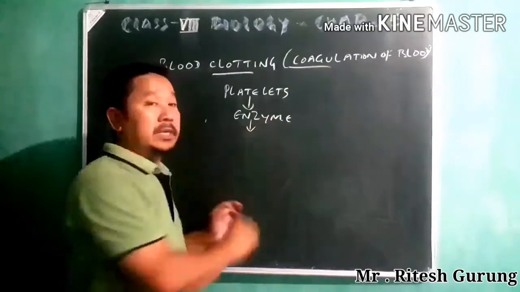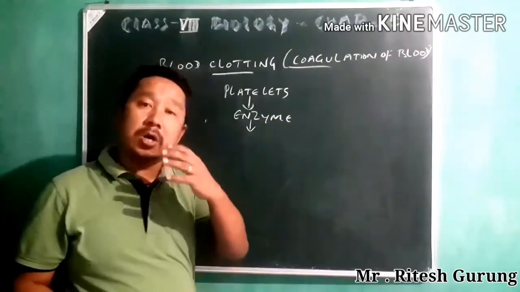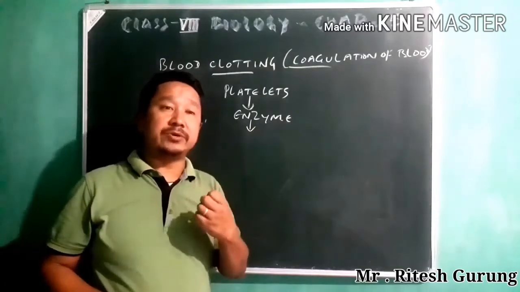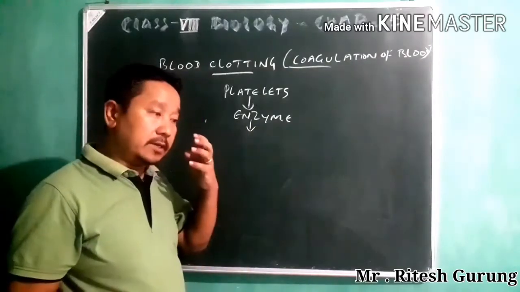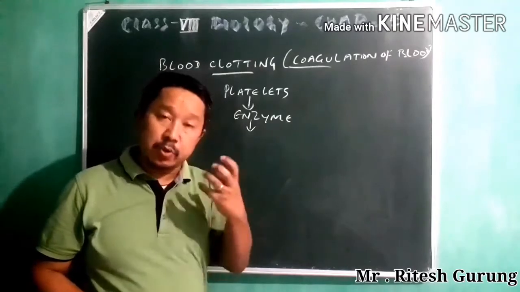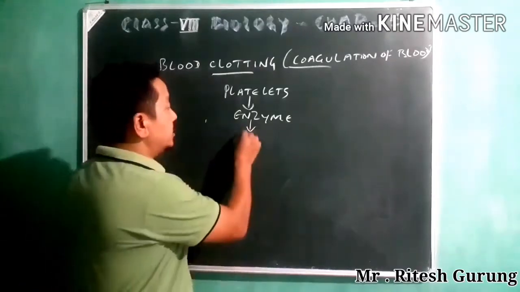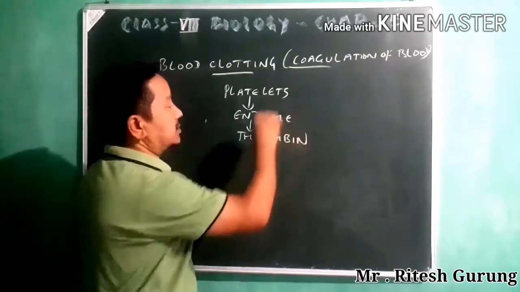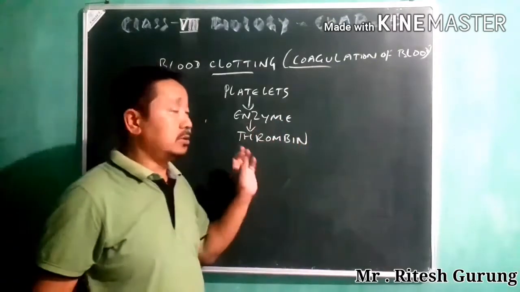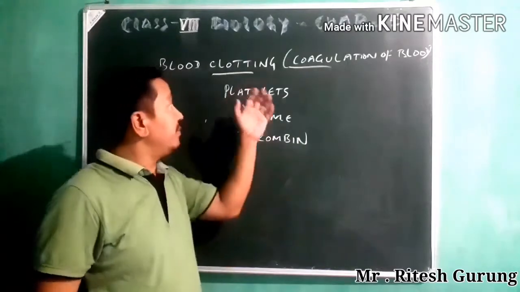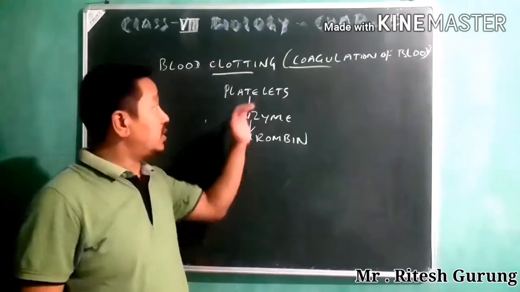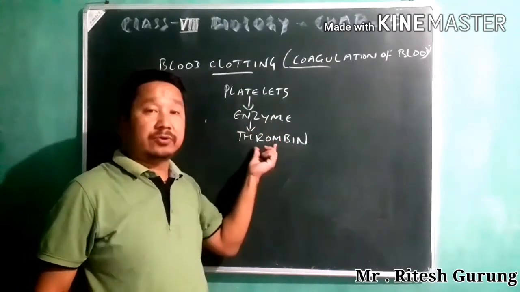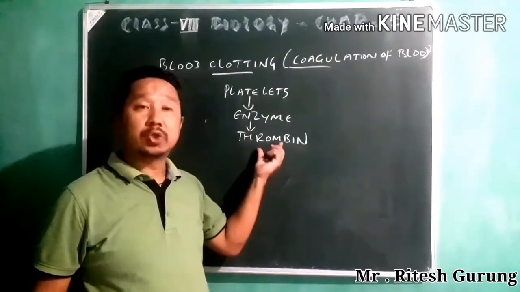This enzyme now in turn produces another kind of protein, which is called thrombin. See the different kinds of chemicals being involved in the mechanism of blood clotting. First, platelets produce an enzyme. That enzyme now produces another kind of protein, which is called thrombin.